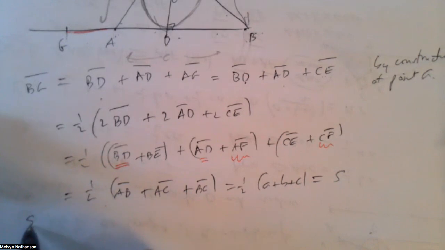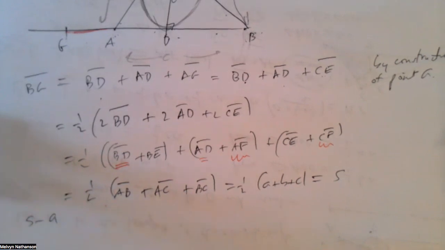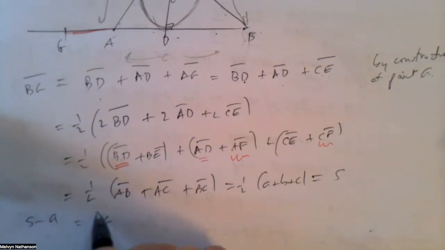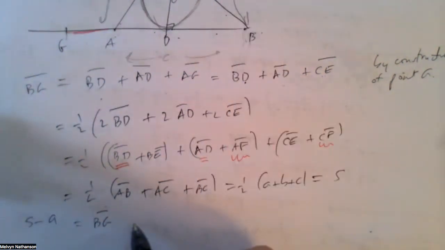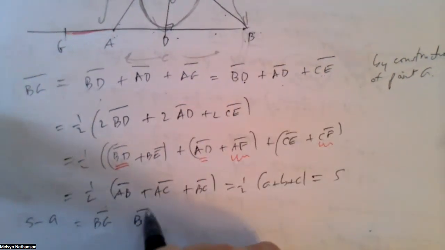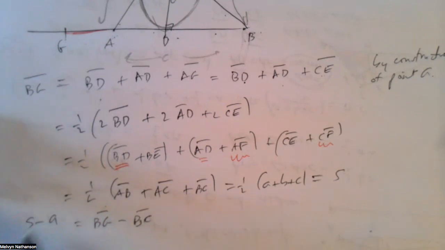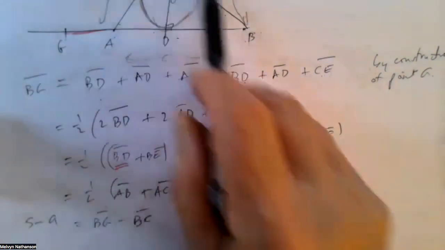So S minus A: S is the length from B to G, and A is the length from B to C. So I subtract them. S minus A is this length minus this length.